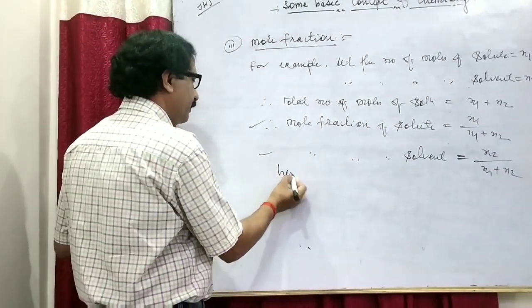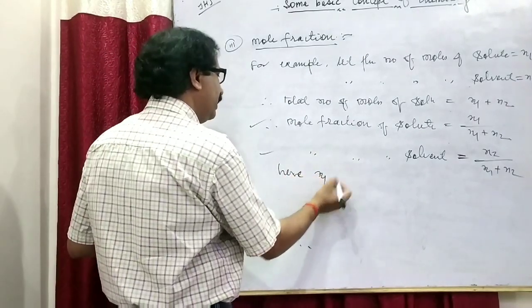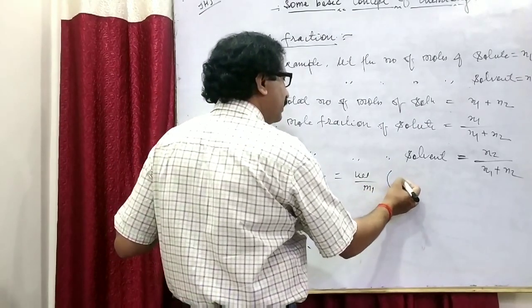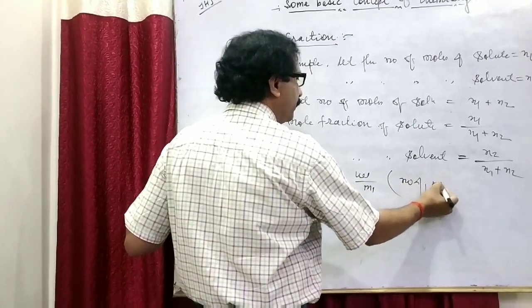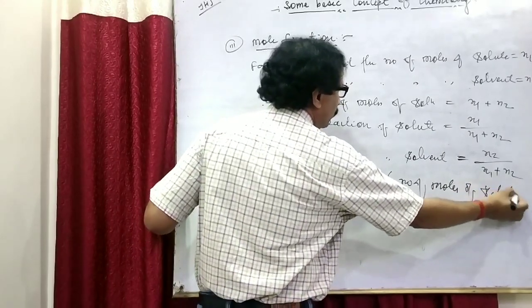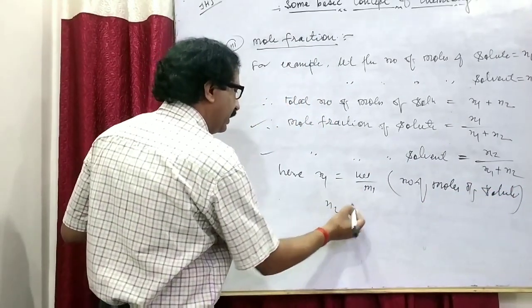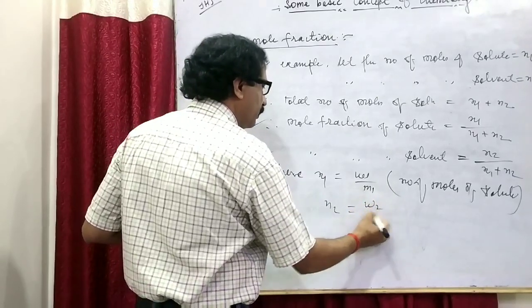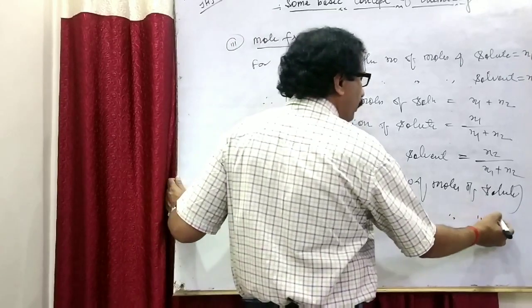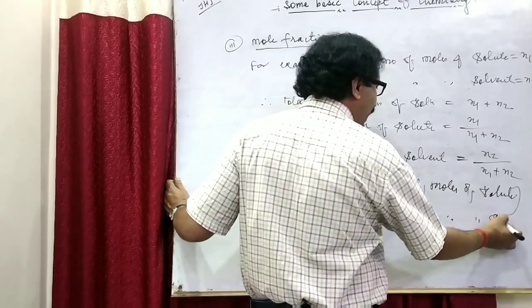Here N1 is equal to W1 upon M1, the number of moles of solute, and N2 is equal to W2 upon M2, the number of moles of solvent.